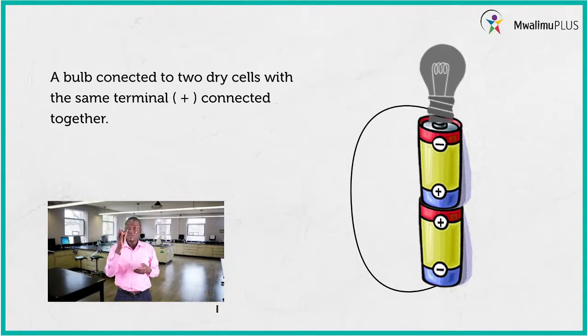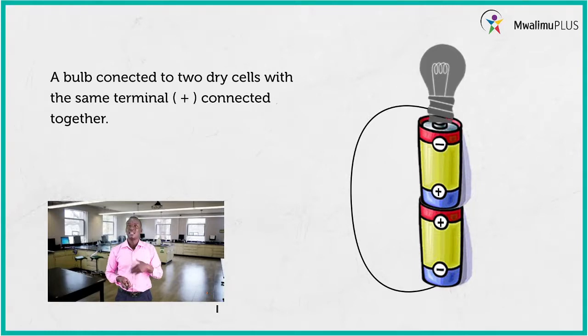We have the positive terminal connected to a positive terminal. What do I want you to know from this diagram? Learners, if you connect a positive terminal to a positive terminal, like it is appearing on the screen there, then that bulb will produce no light. There will be no light.